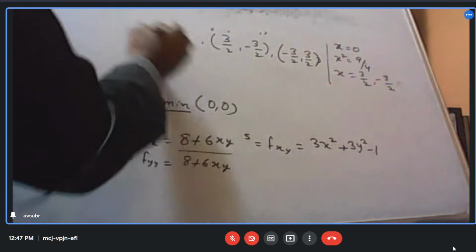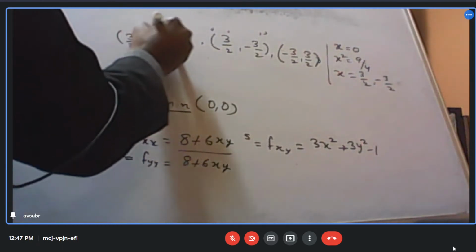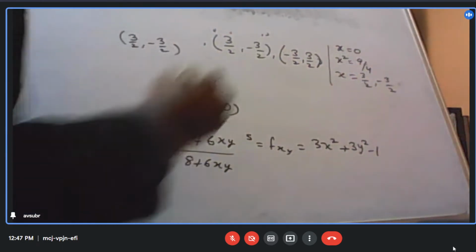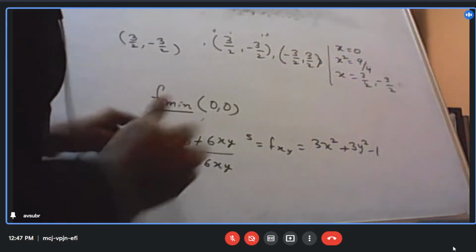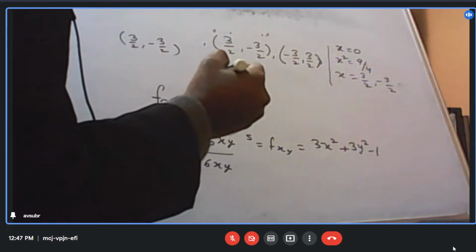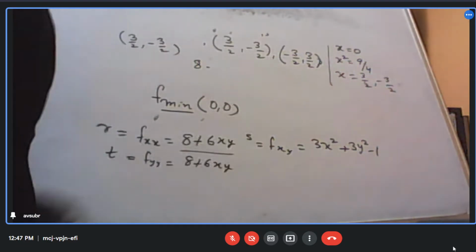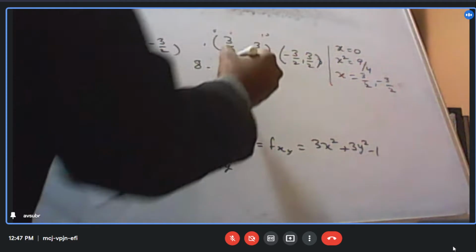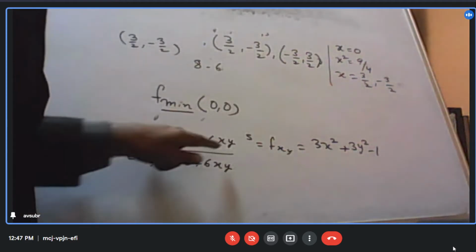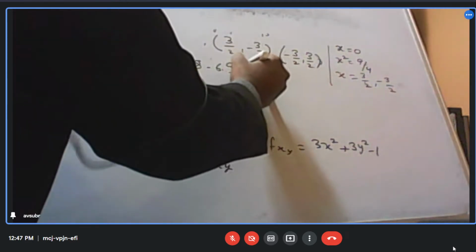So at 3 by 2, minus 3 by 2, what will be RT minus S square? R will be 8 minus 6 into 9 by 4.